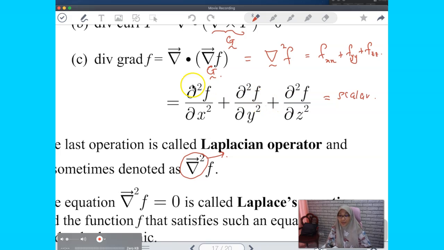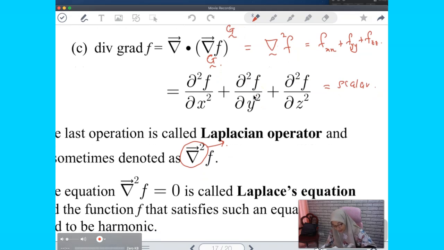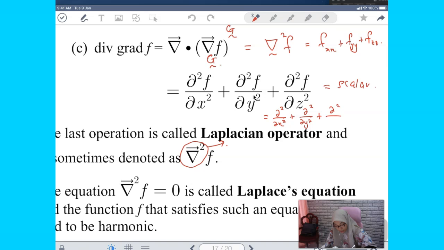If you have only this one without the equal sign, this is called the Laplacian operator. No, I mean this is the result of the divergence of gradient f. As you can see, if you factorize the f, it looks like you have del square over del x square plus del square over del y square plus del square over del z square, multiplied by f.